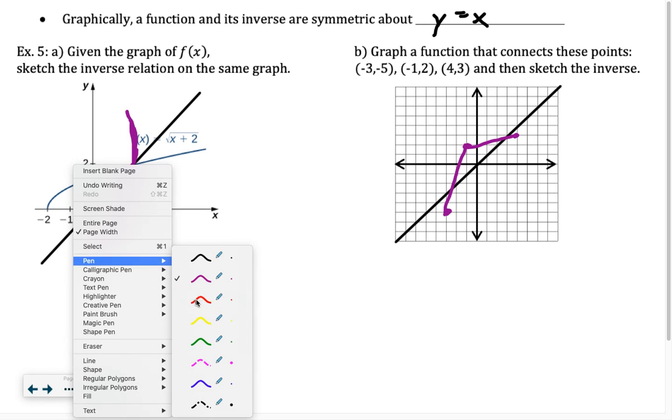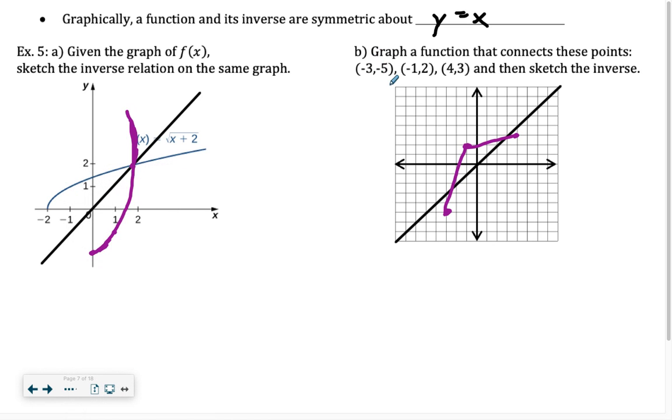All we're doing is taking each coordinate point and switching x and y. So for the inverse, the point (-5, -3) will be on the graph, and the point (2, -1), and the point (3, 4).